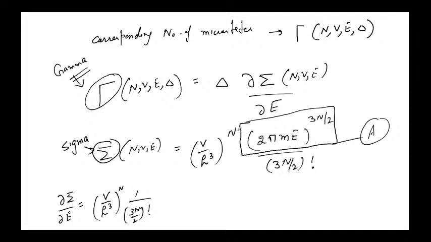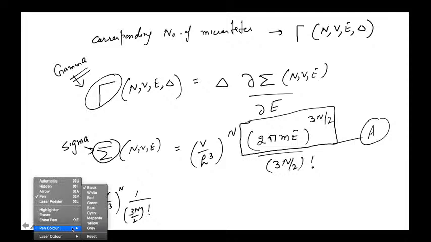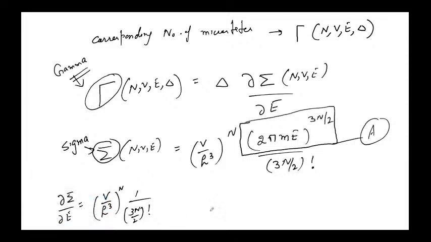So the bracketed term I will write separately with some different color. It comes out to be 3N by 2, 2 pi m E to the power 3N by 2 minus 1, into again the derivative of the bracketed term, that is 2 pi m.